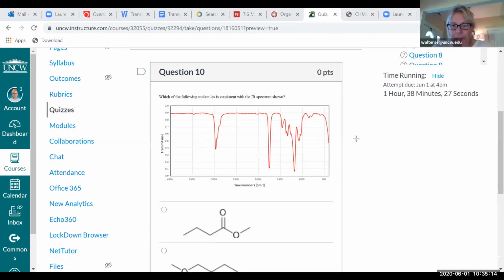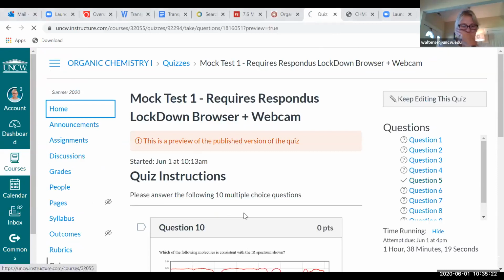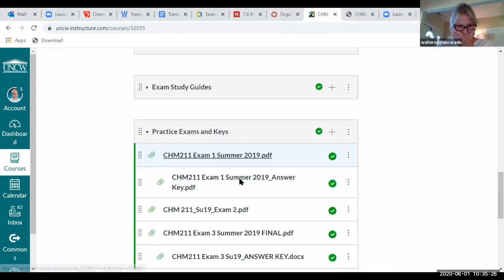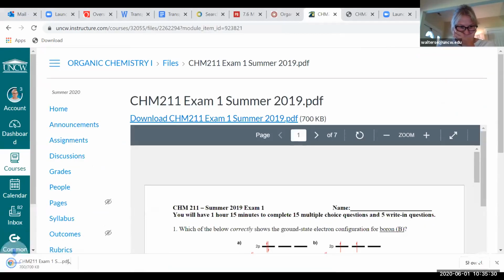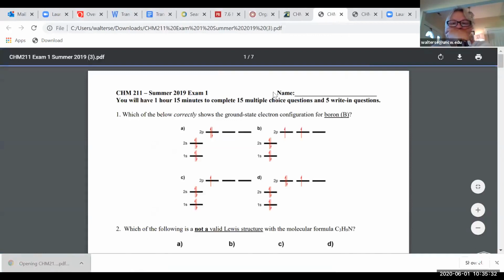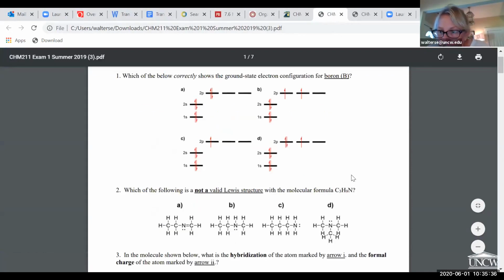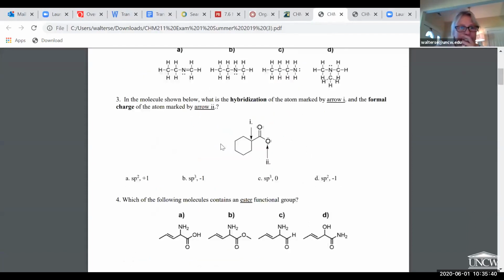Okay, so the last one that I remember somebody asking about was on the old exam. I think it was number 12 on the old practice exam.